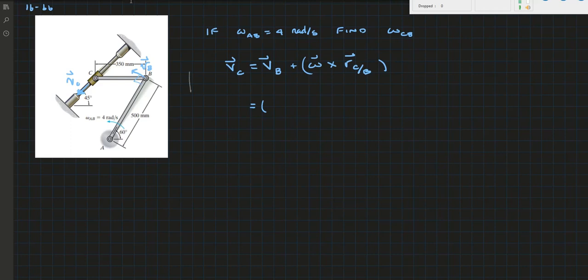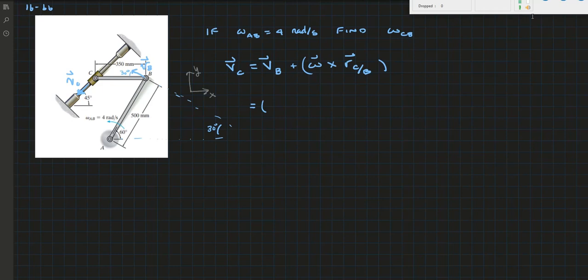Let's decide to use this as y and this as x. So if we set this up as our frame of reference axes, I can make a little triangle like this and figure out that that is 30 degrees up here. Since this is 30 degrees, it has to be the same. This will help me determine the components of the velocity of B.